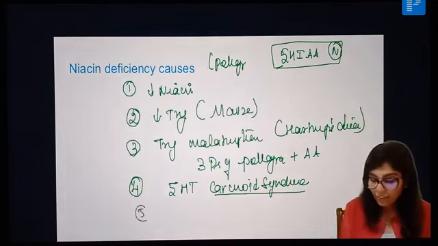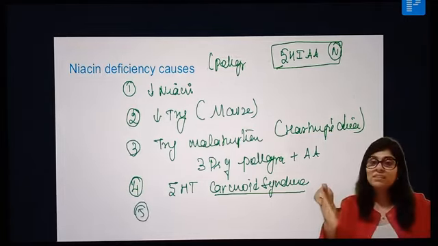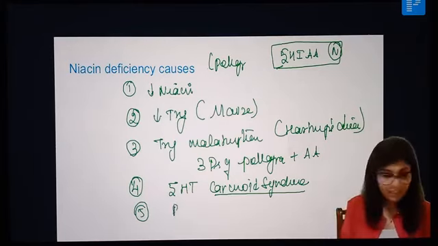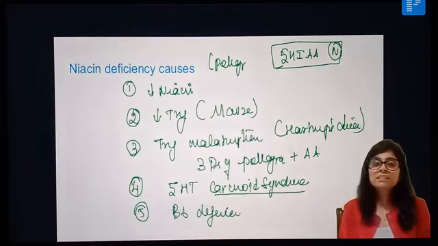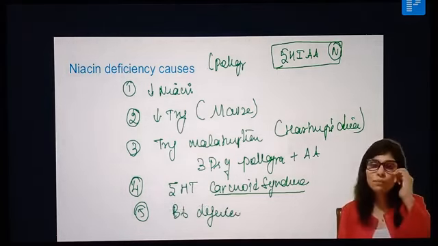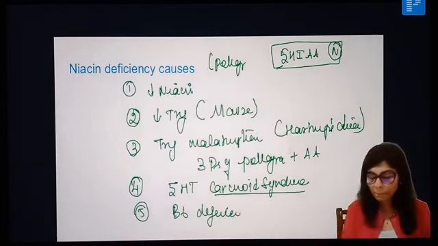Okay, everything is good. Tryptophan is absorbed and used for niacin synthesis. But what if there is B6 deficiency? That will also cause pellagra, because I told you B6 is necessary for the conversion of tryptophan to niacin.